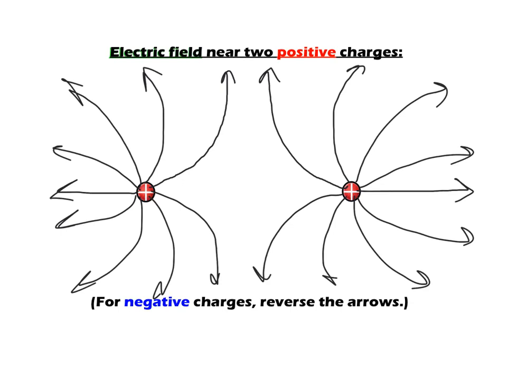Now, the point of confusion with all this is always what's going on right here in the middle. There's some infinitesimal point where if I could get some positive charge exactly here in the middle, I could get to equilibrium, but you're never really going to get there.